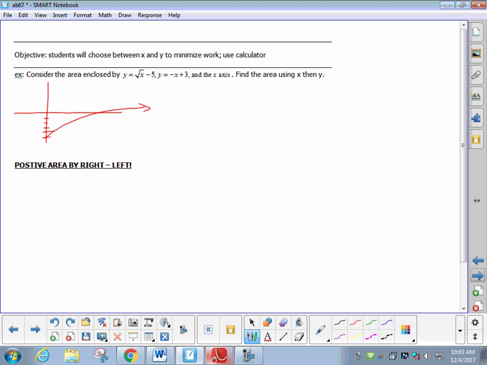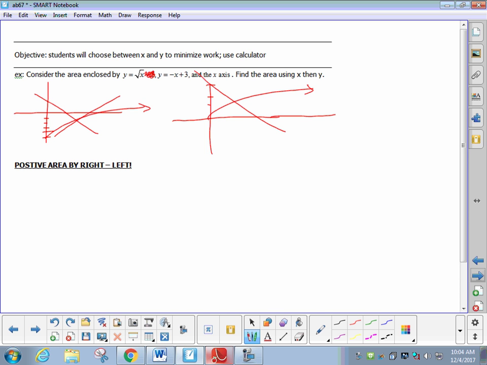Let's just do the square root graph and the line with a y-intercept of 3 and a slope of -1.